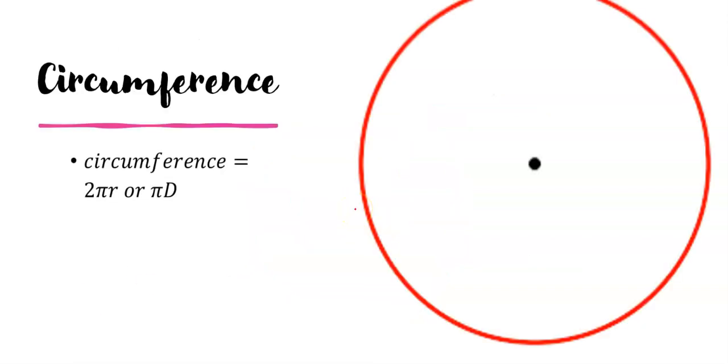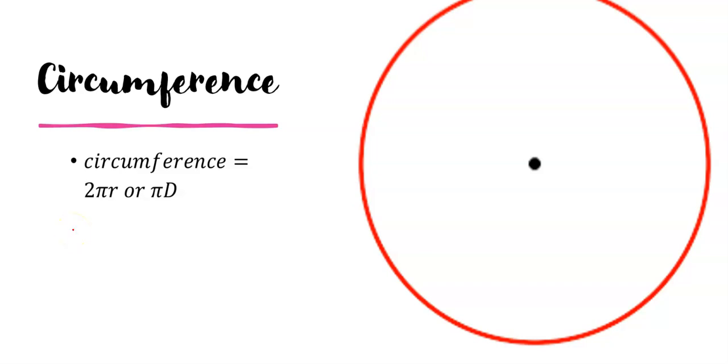Right, let's look at the formula now. So we said that the circumference is the perimeter of the circle, but in general, perimeter is when you add all the sides, but the circle has no sides, so it has its own formula and own wording, circumference.